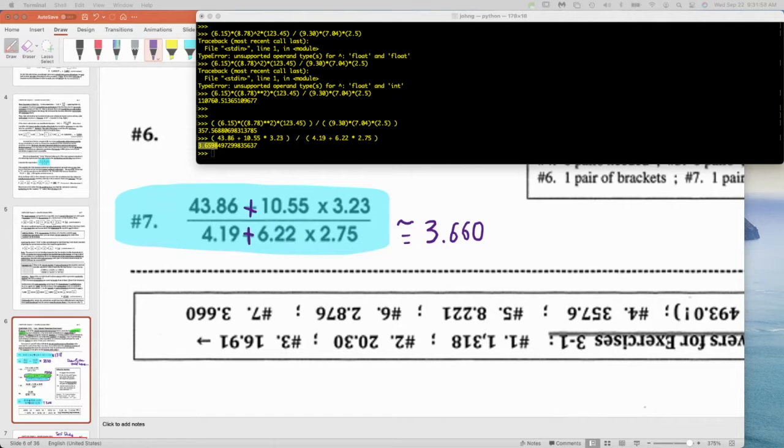Yes, so I did it exactly how you did it in Python, and I still got, well, actually, I got 1.659.6. I didn't get 3.660. So you're trying to do it in Python too, for fun?